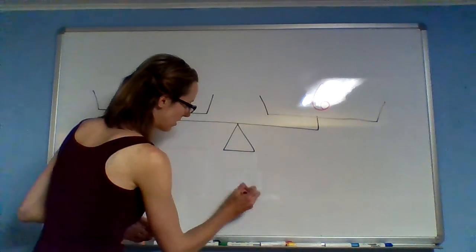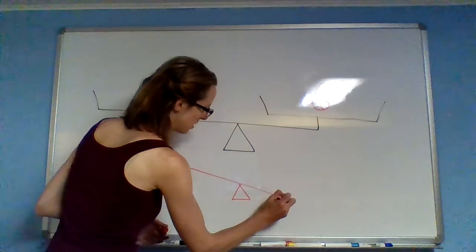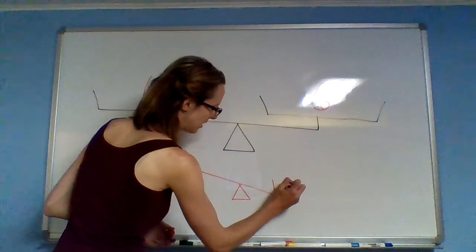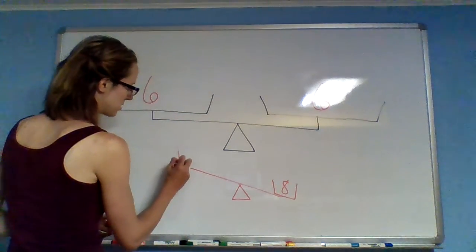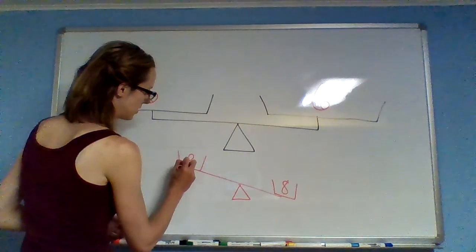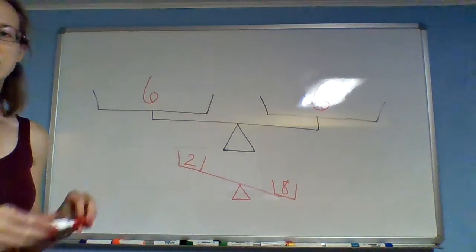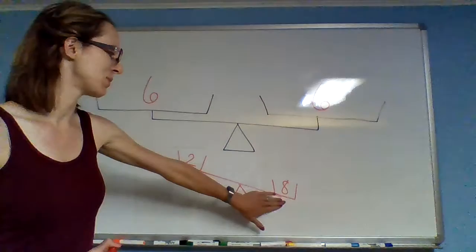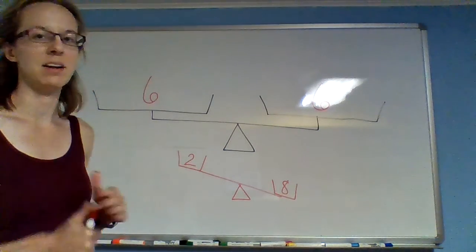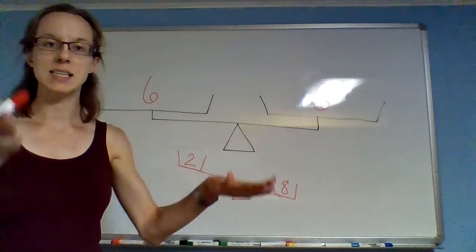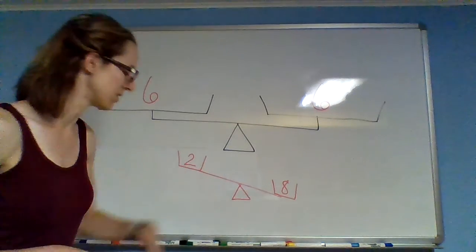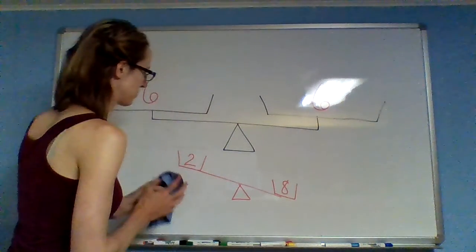If, however, I were to put a bigger number on this side, like an 8, and a smaller number on this side, like a 2, since the 8 is heavier, that side would go down, and the 2 side would be lifted up. It's like a teeter-totter. So whichever side is heavier is going to go down.